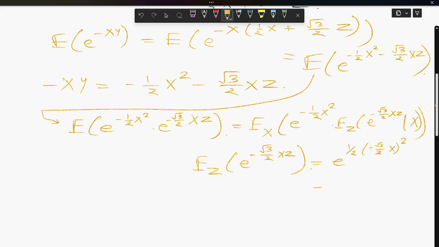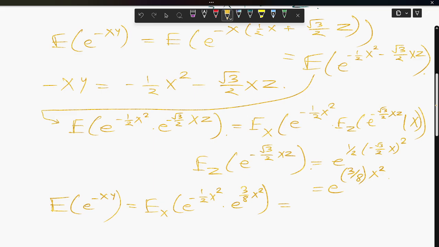So that will be e to the power 3 by 8 X square. So the expectation of e to the power minus XY will finally be the expectation of e to the power minus half X square into e to the power 3 by 8 X square.